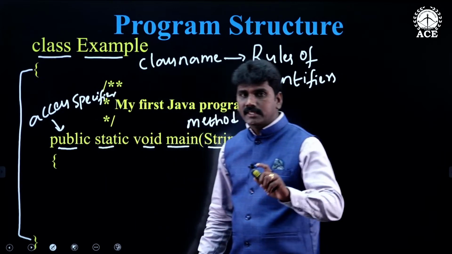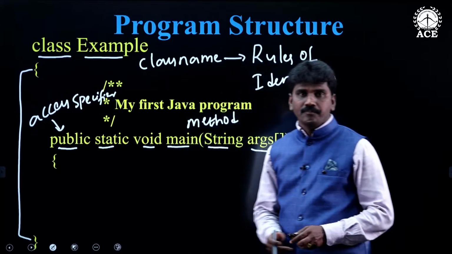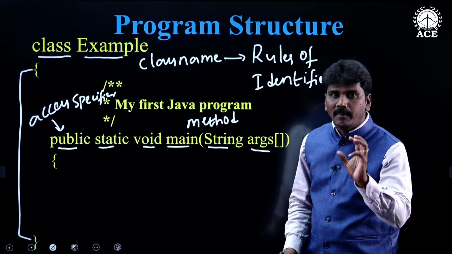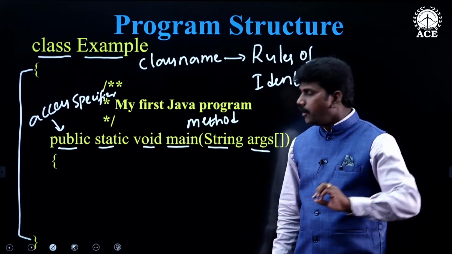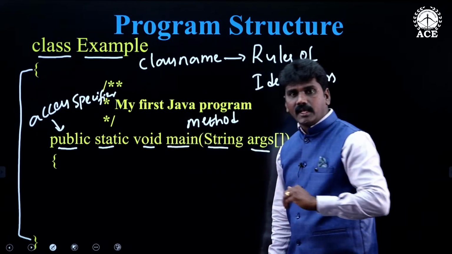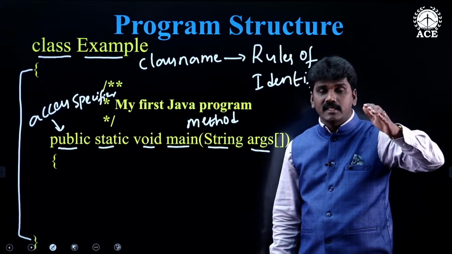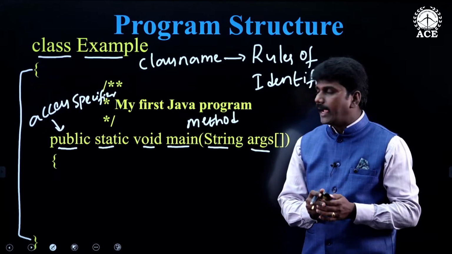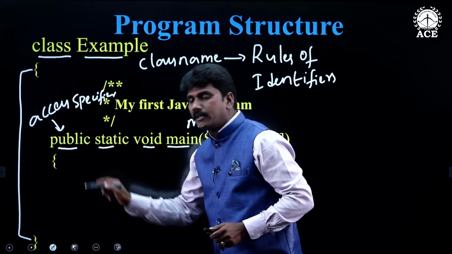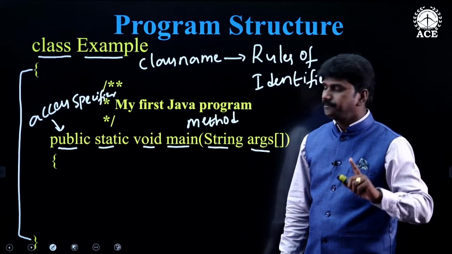Whenever you keep public as the access specifier, anyone can access it within the class, outside the class, or outside the package, from wherever you want. If a method is kept public, there is no restriction.